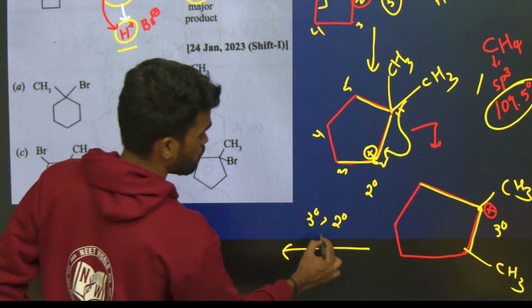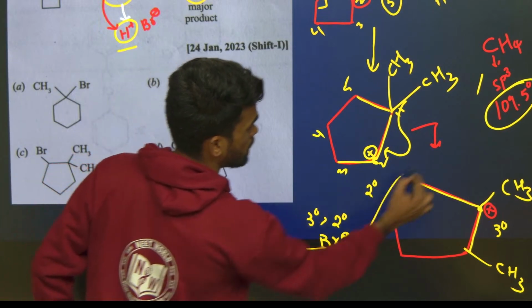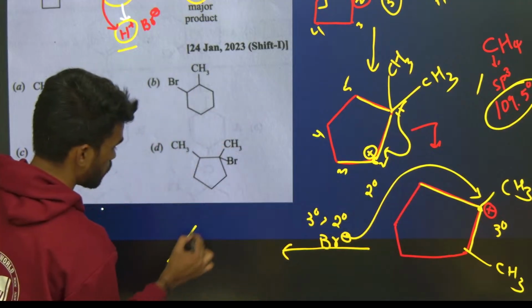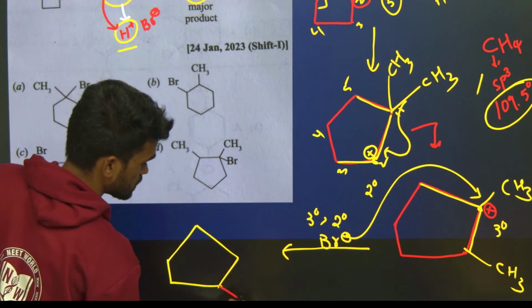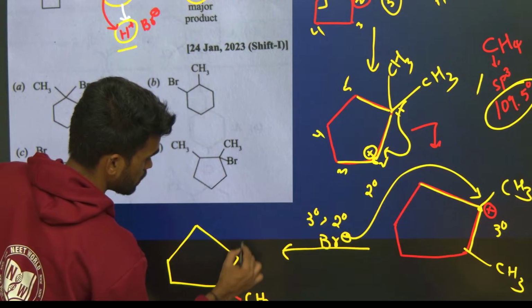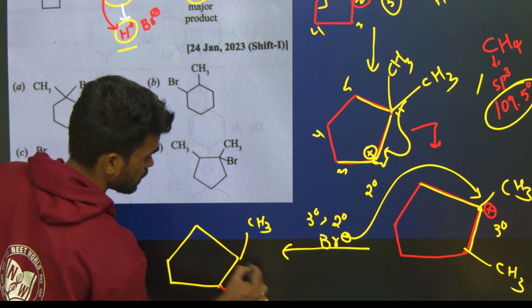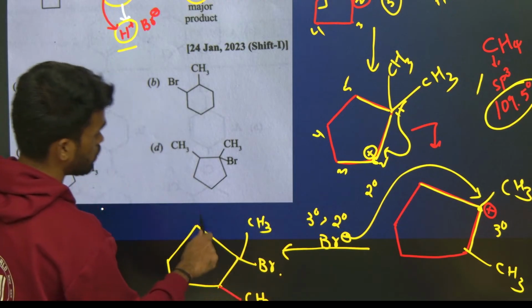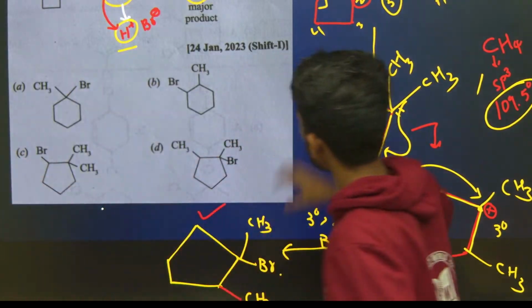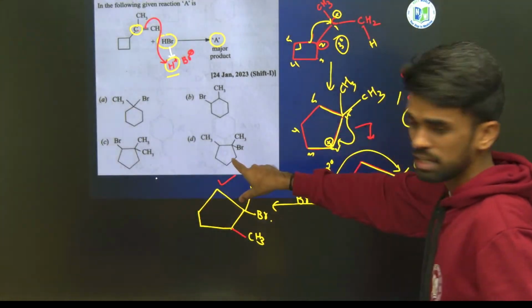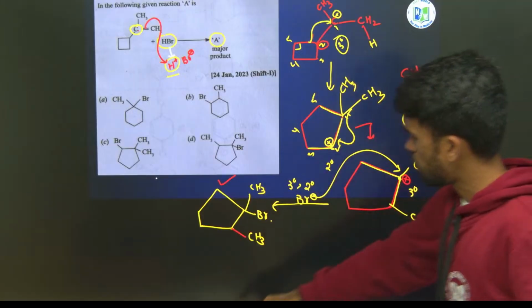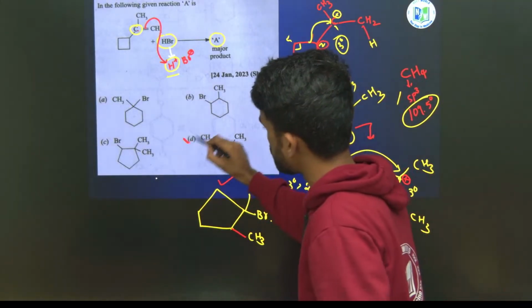Finally, Br minus as our nucleophile attacks here and you will get a product something like this: CH3 already there, here Br, that's it. This will be your major product. Looking at the options, option D will be the perfect answer for this question.